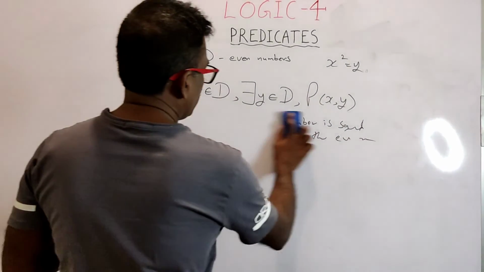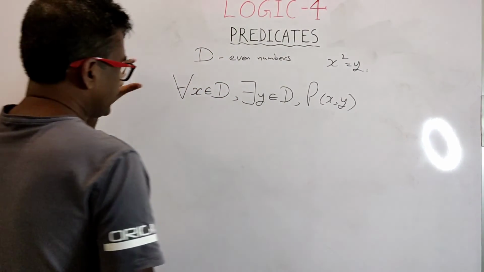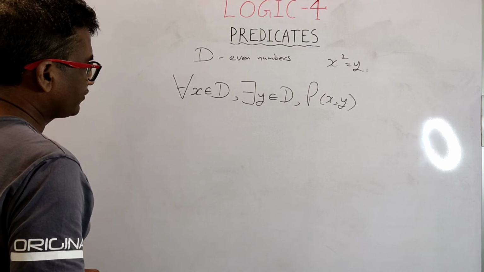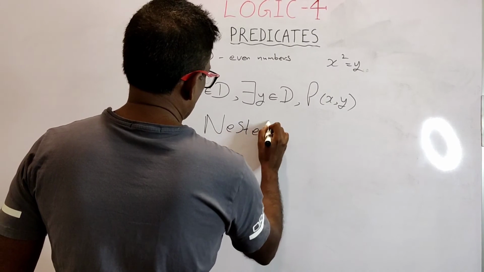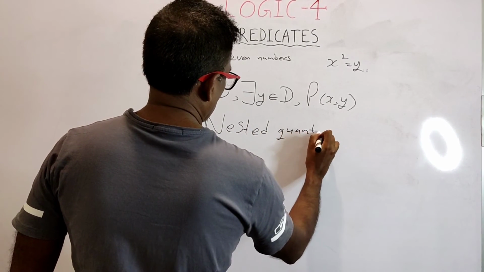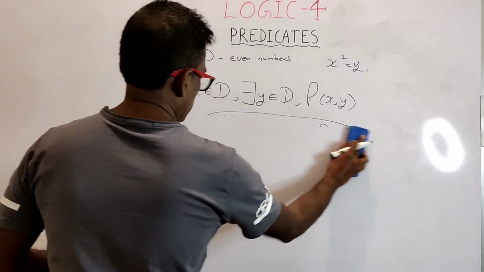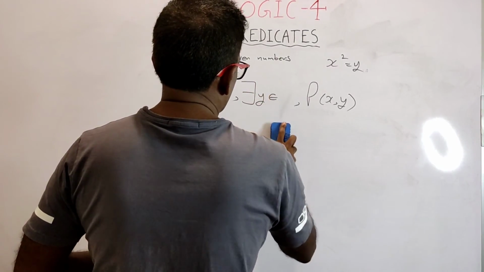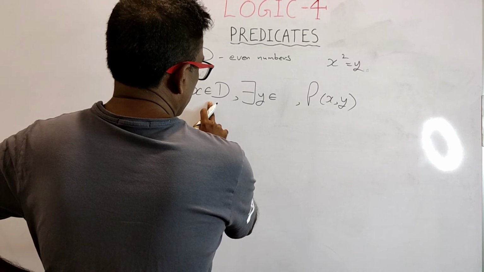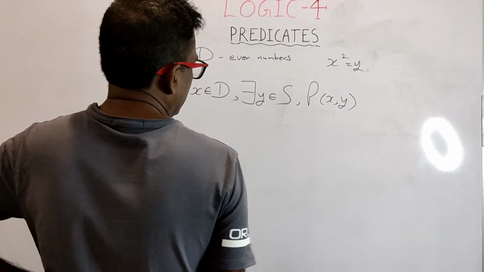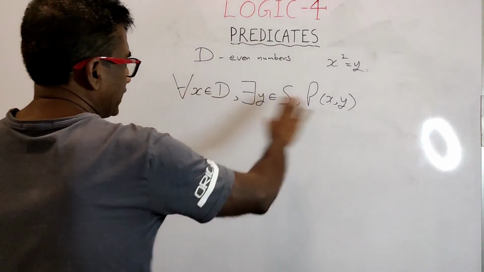So when we use such quantifiers whose scope overlap like this, we call these quantifiers nested quantifiers. Mind you, this does not necessarily have to be the same universe of discourse. This could be any universe of discourse. That would still make it a proposition.